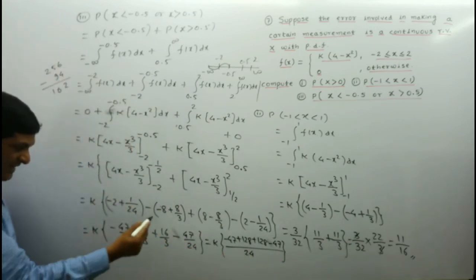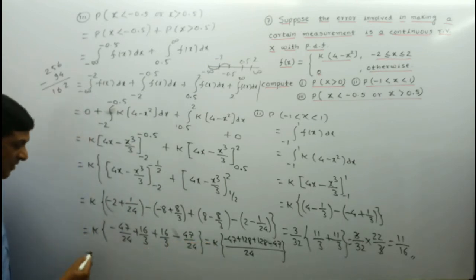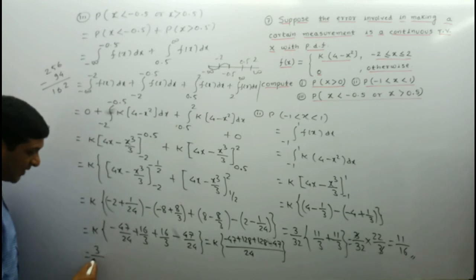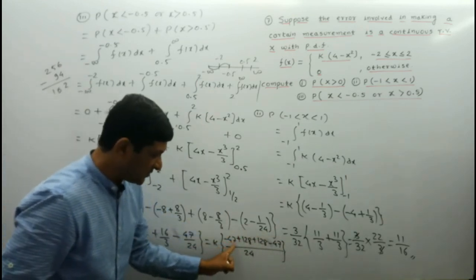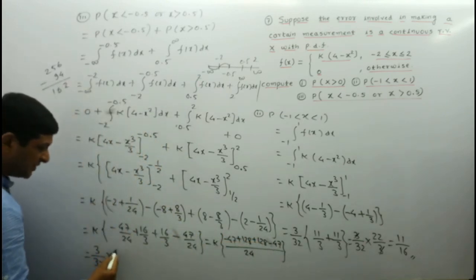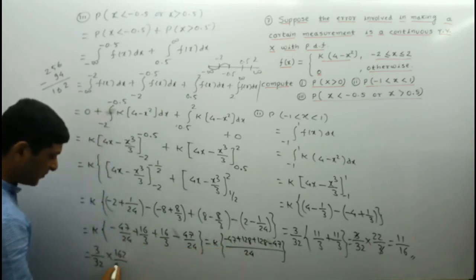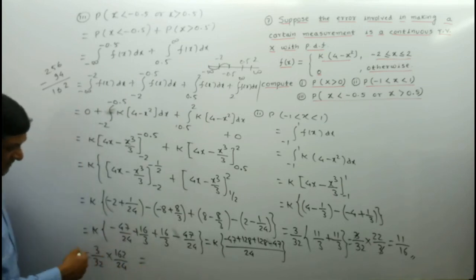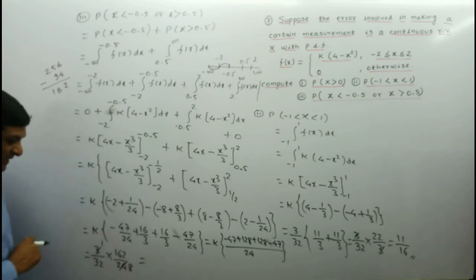And here what, k is there? So this k I am replacing by its value. What is the value of k? We have got 3 upon 32 into. Now we have just seen that the value of this numerator will be equal to 162 divided by, in the denominator, 24, keep it as it is 24. So which is equal to, now here let us observe the calculation part. 3 1s are 3, 3 8s are 24, isn't it?